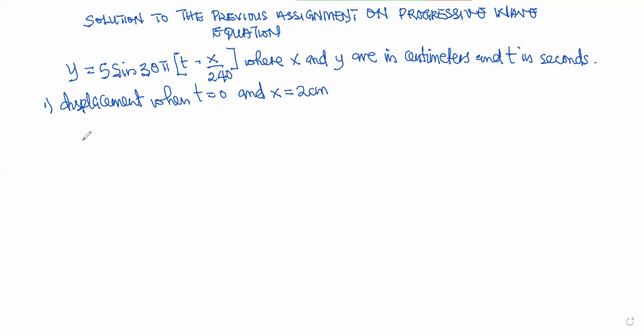So when t is 0, we have 5 sine of 30π into bracket (0 minus x), where x is 2, so 2 on 240.